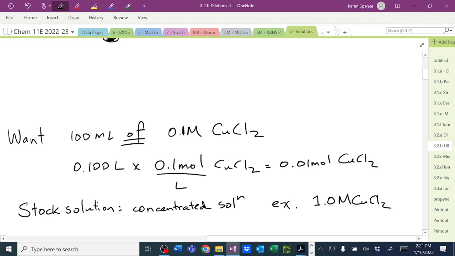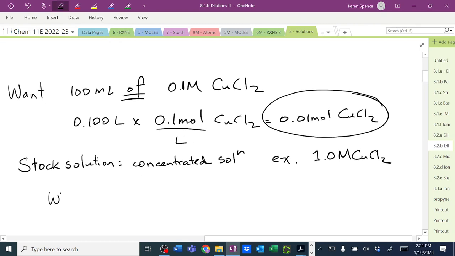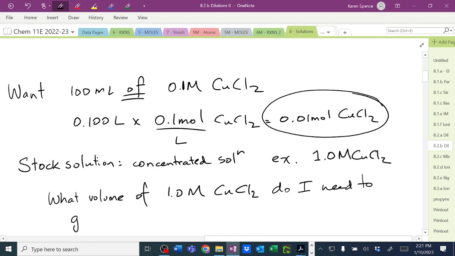How much of this do I need to give me that? What volume of 1 molar CuCl2 do I need to give 0.01 moles of CuCl2?